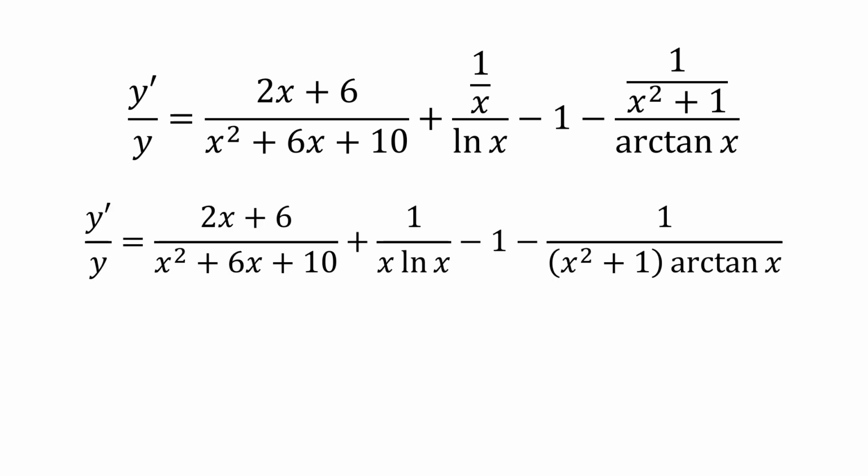Doing this, we obtain y prime over y equals (2x plus 6) all over (x squared plus 6x plus 10) plus 1 over (x ln of x) minus 1 minus 1 over ((x squared plus 1) times arctangent of x).